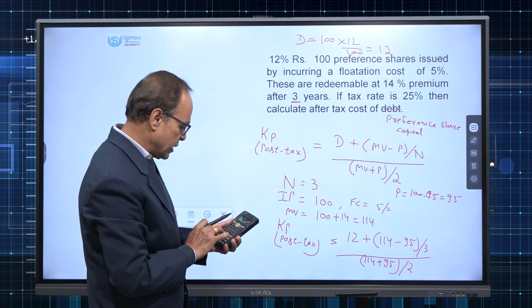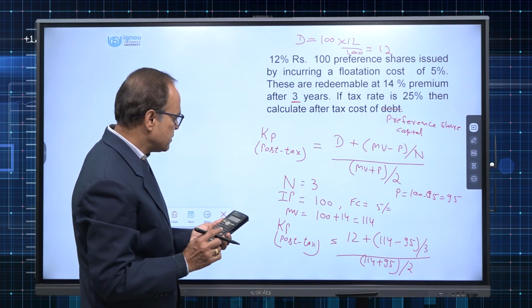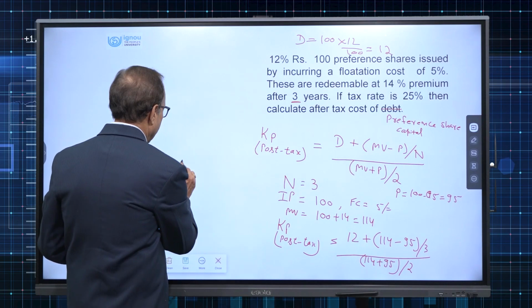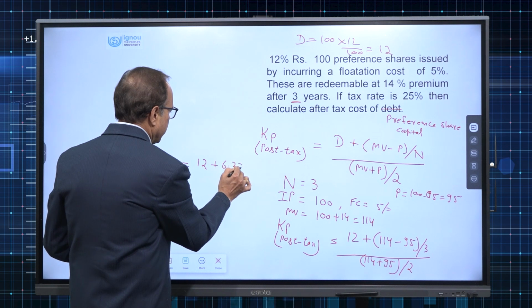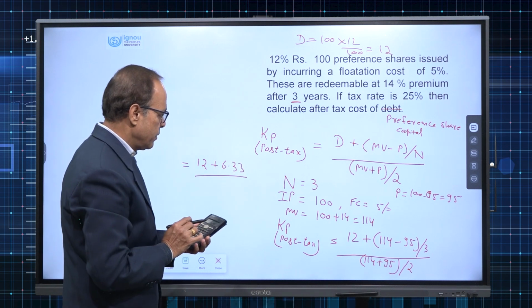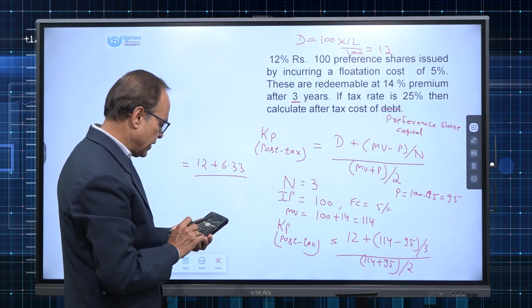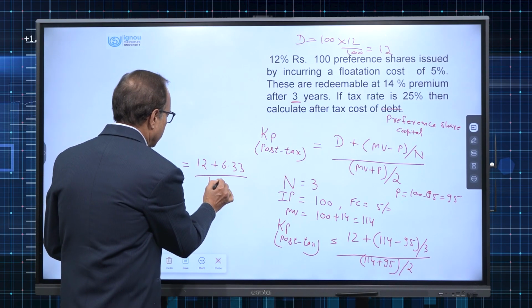So, we have 114 minus 95 divided by 3, 6.33 is the gap between that. So, what we are going to get now? 12 plus 6.33 divided by (114 plus 95) divided by 2, 104.5.